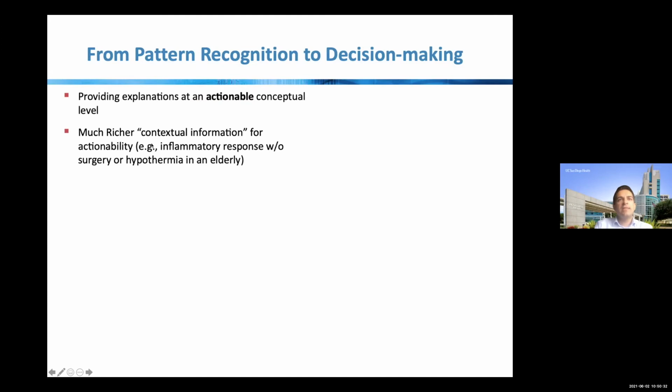The second one is that clinicians have access to a very rich contextual set of information that is missing from existing AI systems. Here's one example from the world of sepsis.